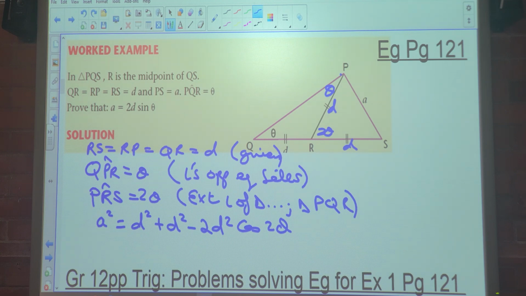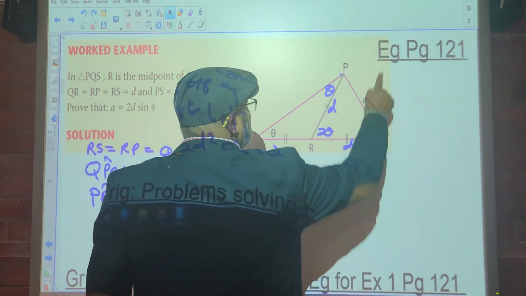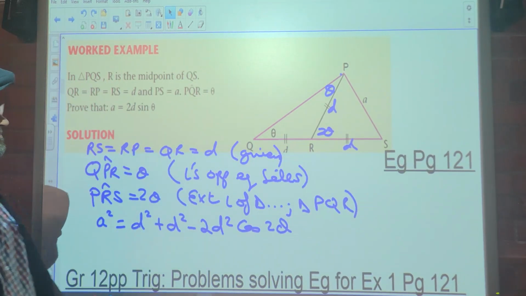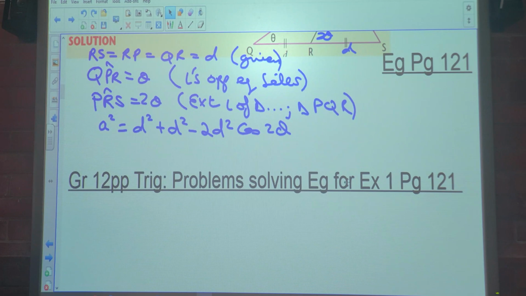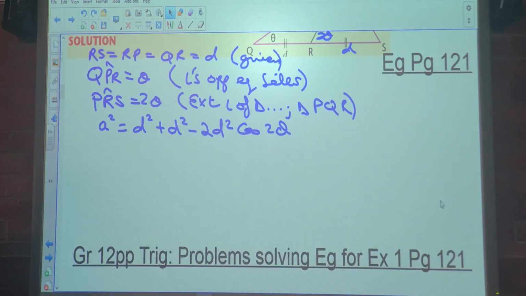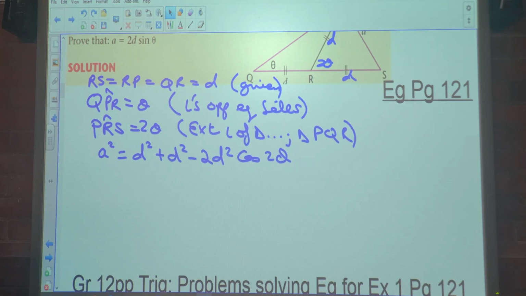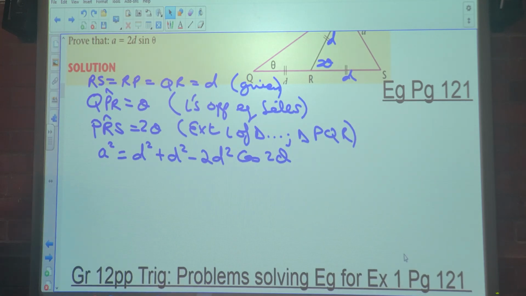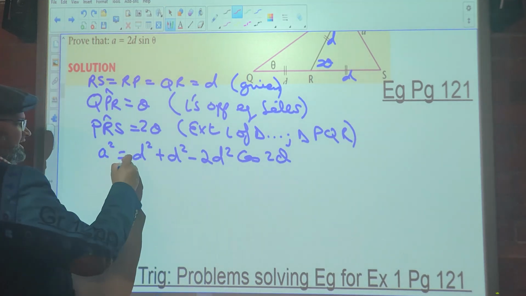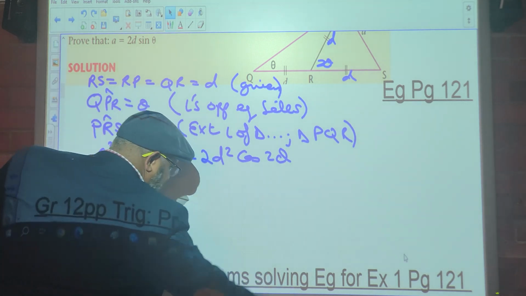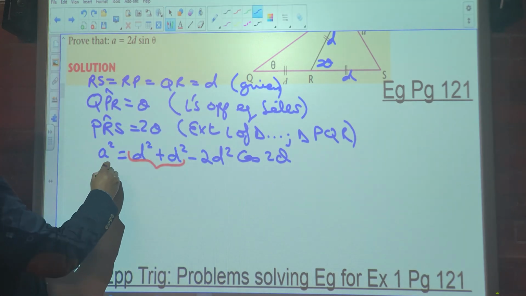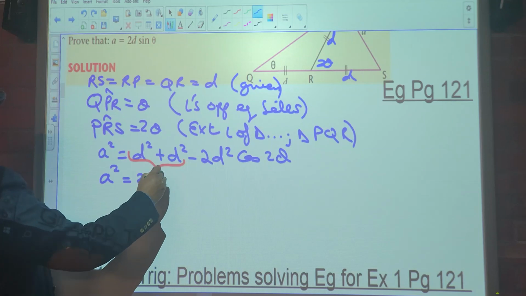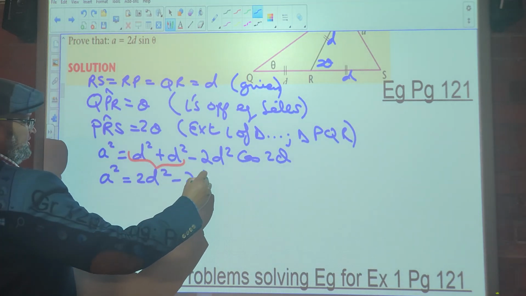Now what can we do? Just keep what we need to end off with in focus there. So what can we do now? We can add these, not so? Correct? So it's A squared is equal to 2D squared minus 2D squared cos 2 theta.